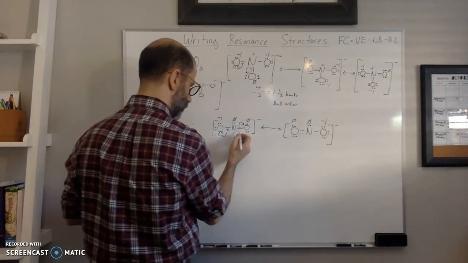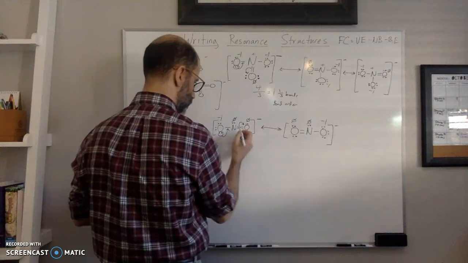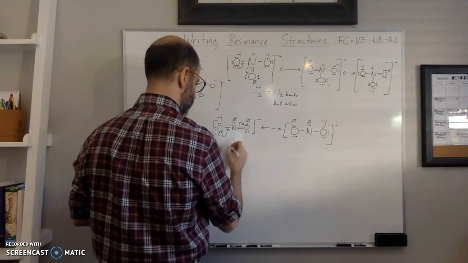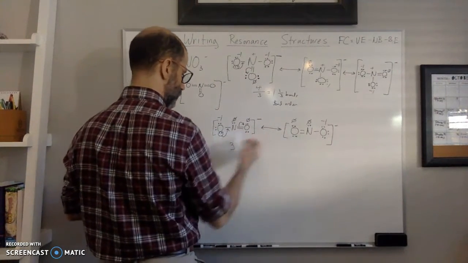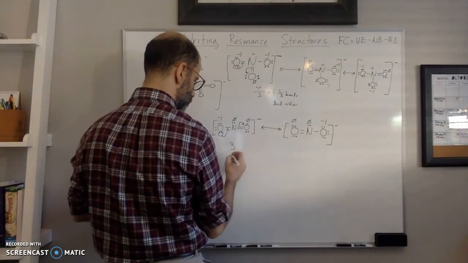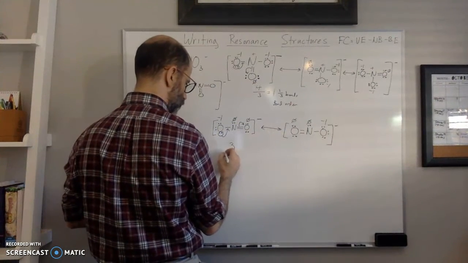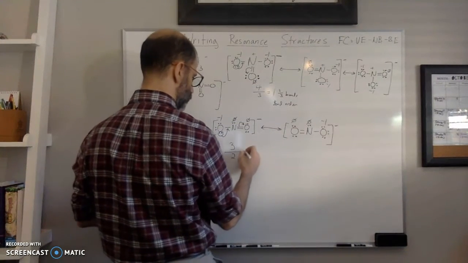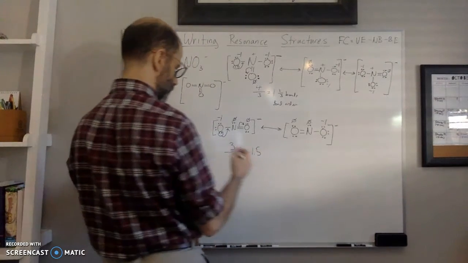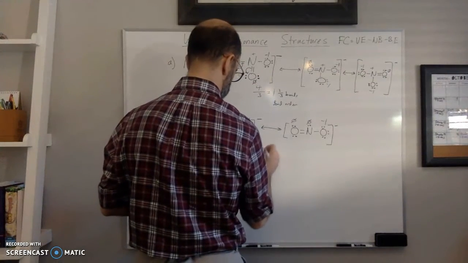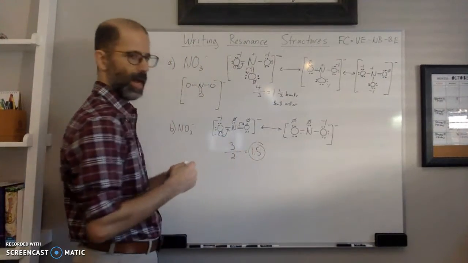So if we count the number of bonds between where this double bond is flipping, it'd be 3 total bonds, and then you have 2 Lewis structures, 2 resonance structures. So it'd be 3/2, which is 1.5 bonds. So the bond order for this one would be 1.5 bonds.